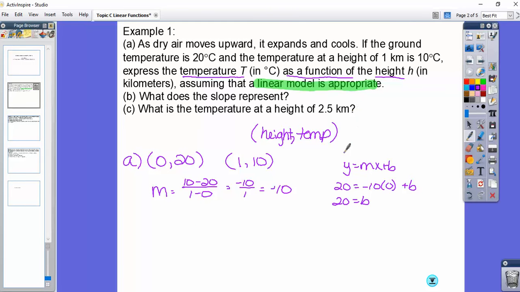Okay, instead of using x and y, I'm going to follow the variables in the problem. We used h for the x and t for the y. So it'll be t equals negative 10x plus 20.